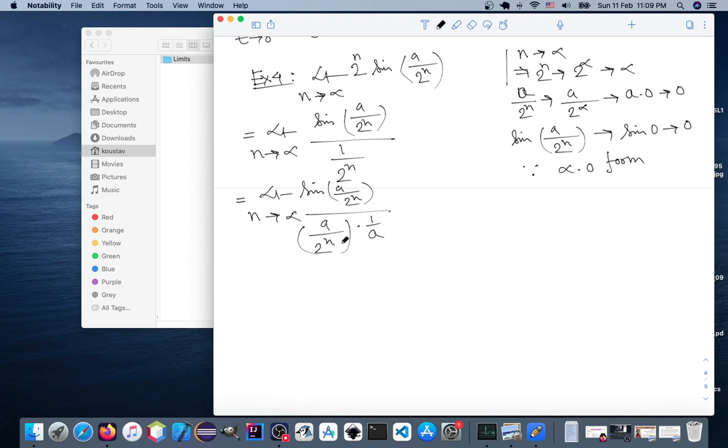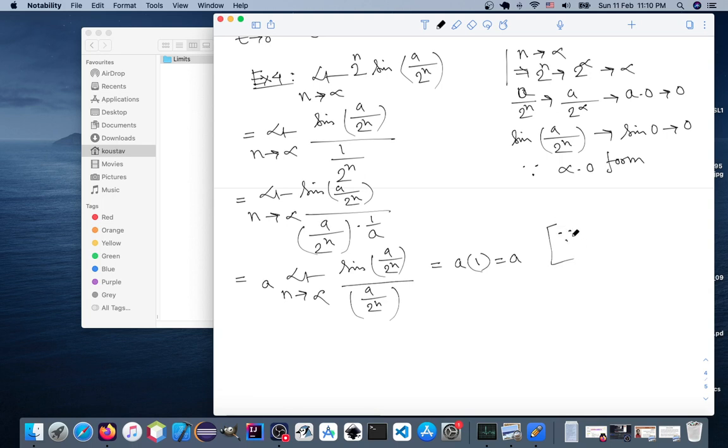So we already see that a by 2 to the power n is tending to 0. So this becomes limit n tends to infinity sine a by 2 to the power n over a by 2 to the power n, this is 1, times a, equals a.